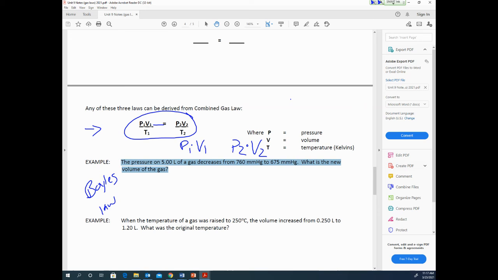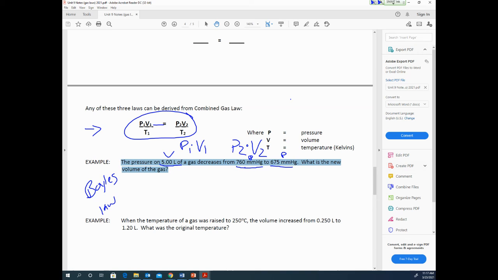Here we go. The pressure of 5.00 liters of gas. Liters is a volume unit. The pressure decreases from 760, a pressure, to a 675 mmHg pressure.